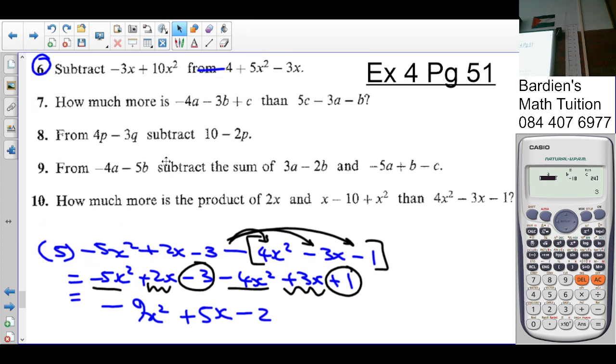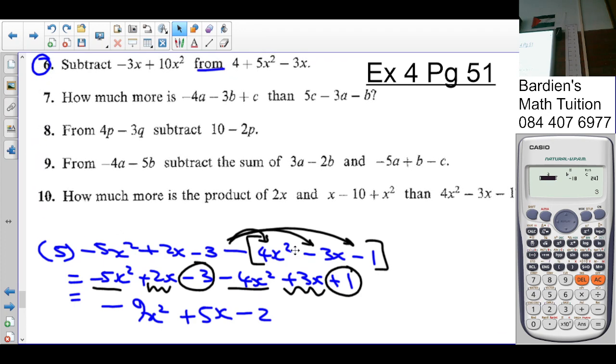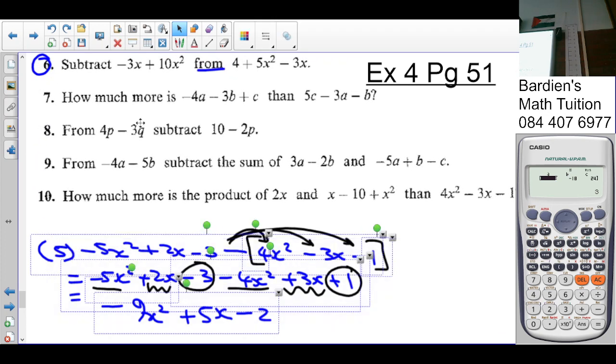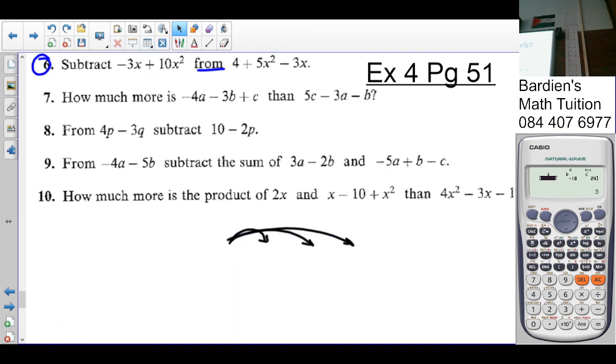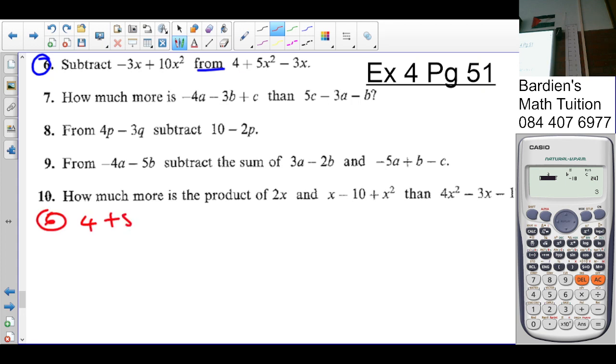Number 6. Whatever follows "from", you write first. So we got 4 plus 5x squared minus 3x minus, open brackets, negative 3x plus 10x squared.